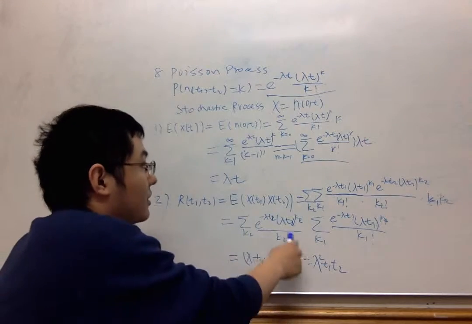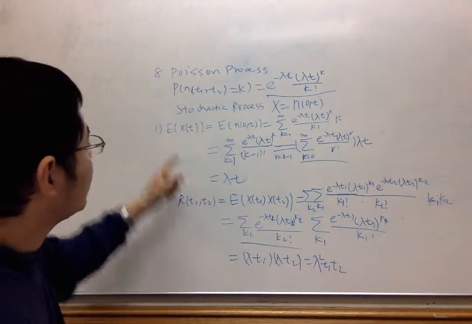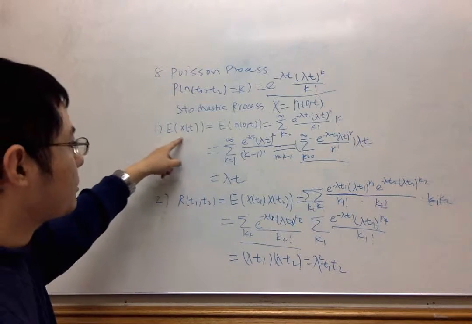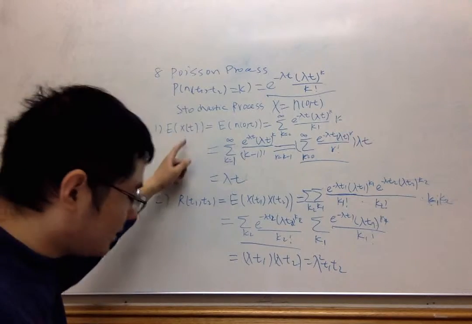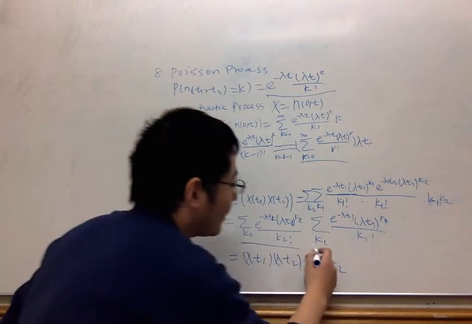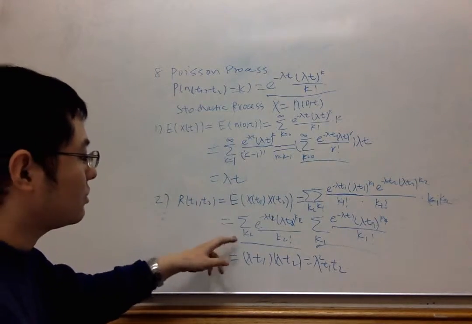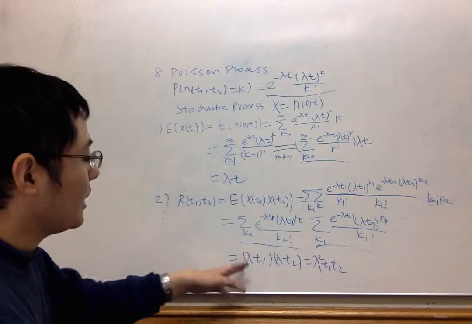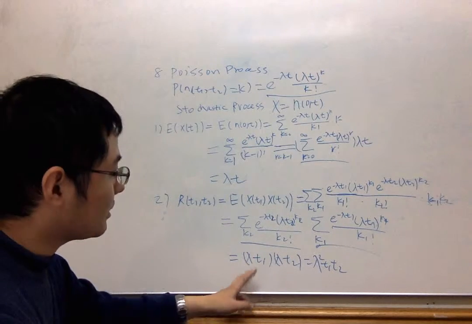In each part, this is just the expression of the expectation of X(t1), and the second is the expectation of X(t2). So we could calculate them separately and then multiply the first with the second.